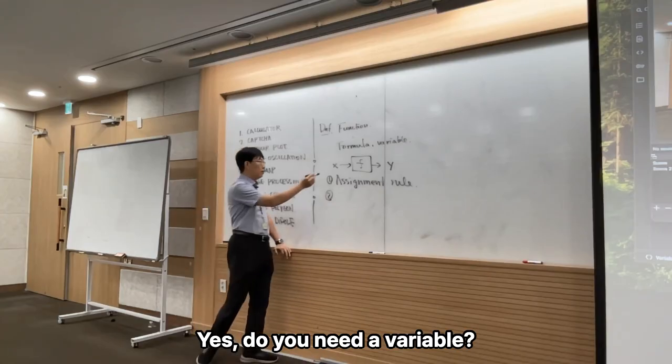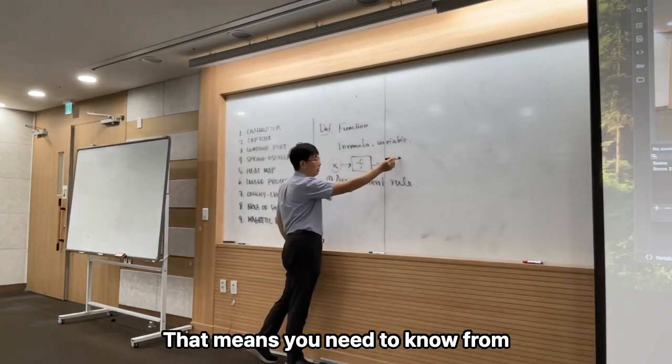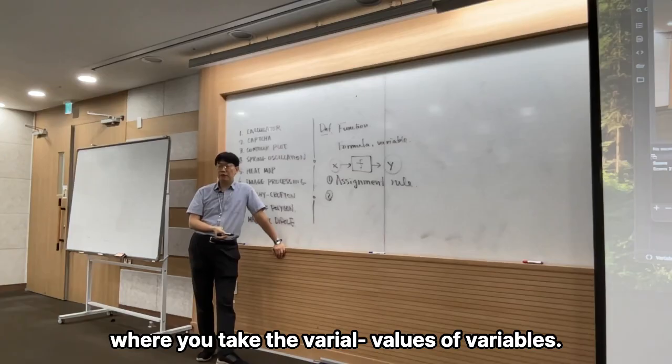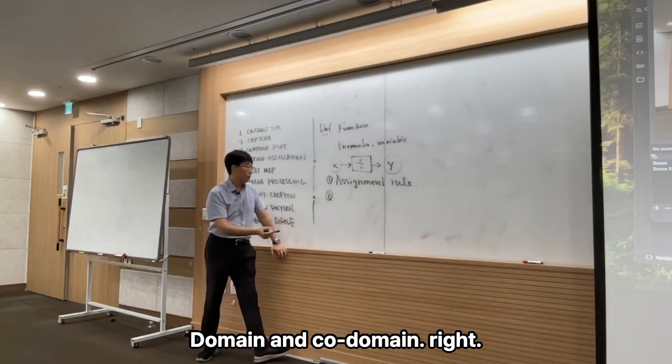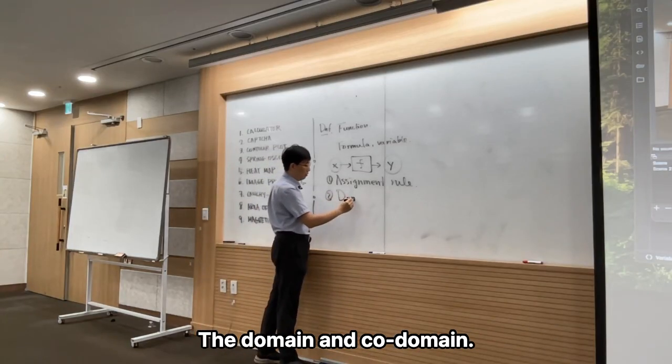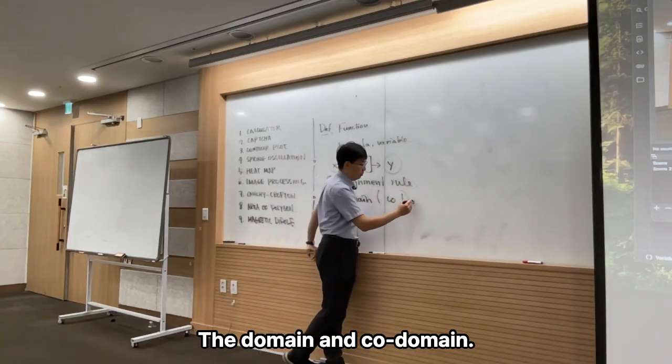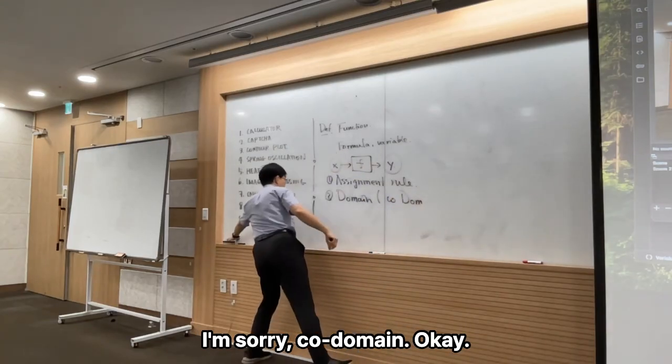Do you need a variable? That means you need to know from where you take the values of the variables. Yes, domain and codomain, right? The domain and codomain.